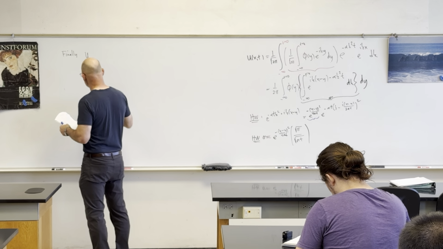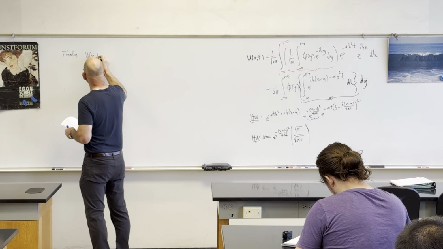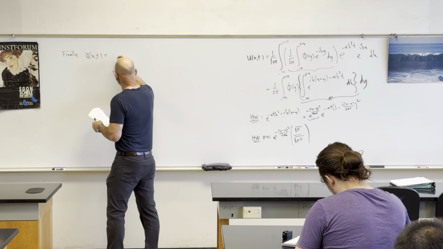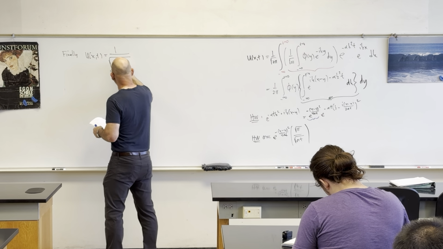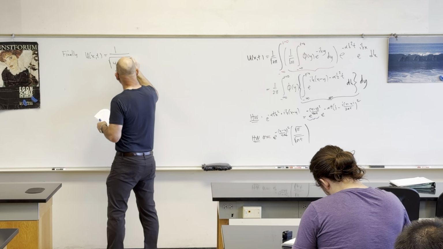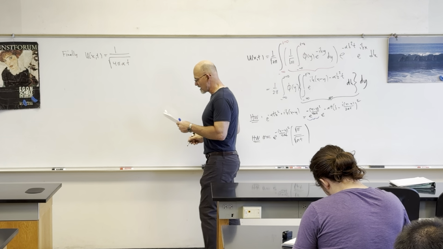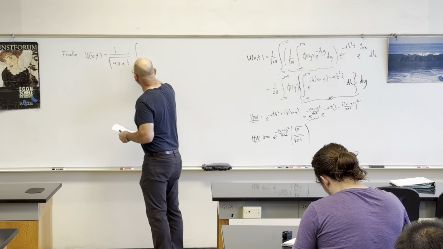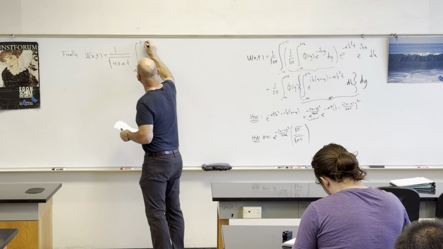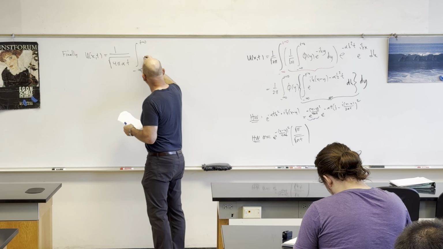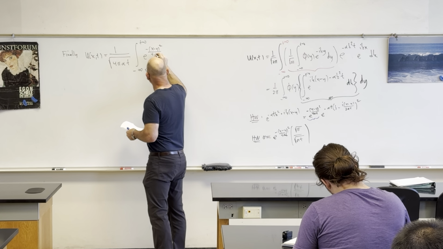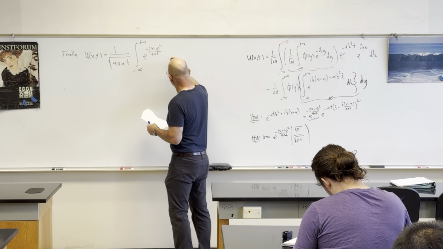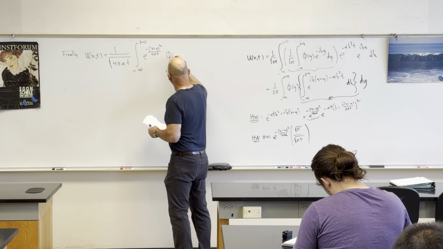Actually, u of x and t, you'll end up with a 4 pi alpha t root in the denominator, integral from minus infinity to plus infinity of e to the minus x minus y squared over 4 alpha t, phi of y.